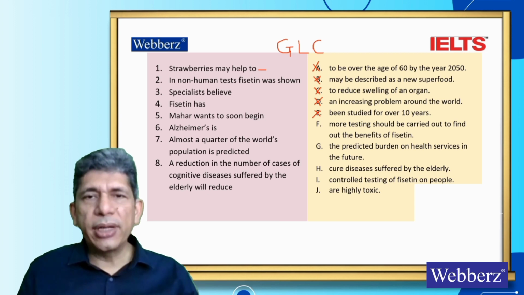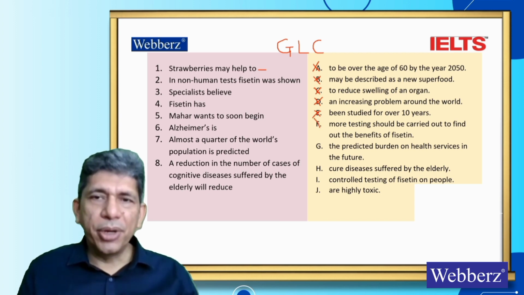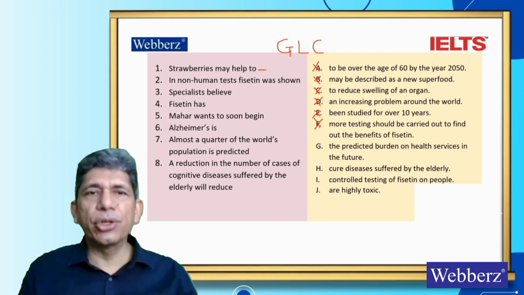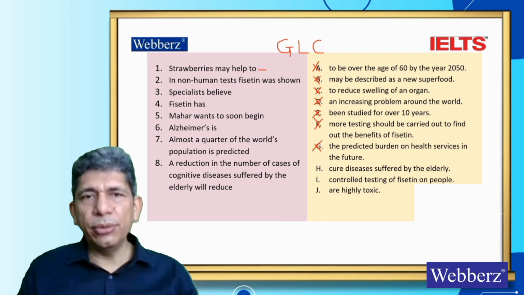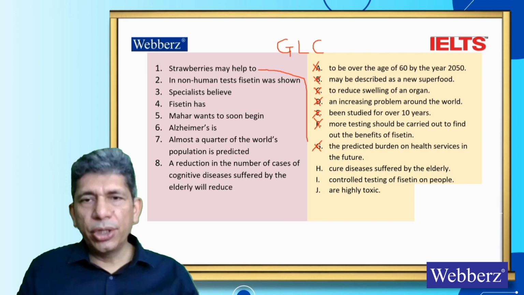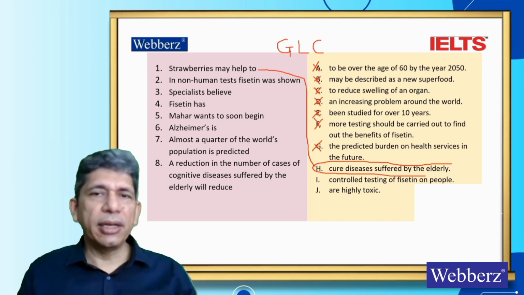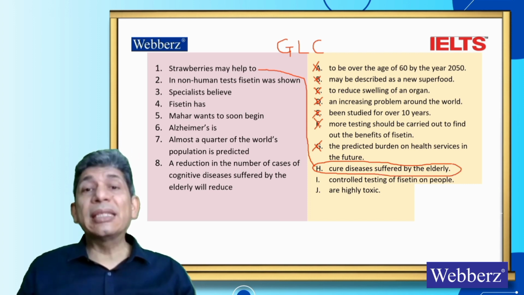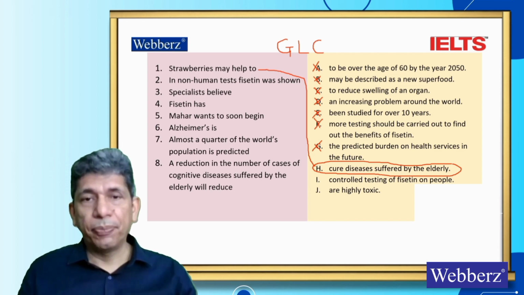This is not matching. That is the problem. F, more testing to be carried out. The predicted burden on health services in the future, may help to... bingo, we have the answer: cure diseases suffered by the elderly. So if I look into this, I find out, yes, there is a chance that this can be the answer, not definite.